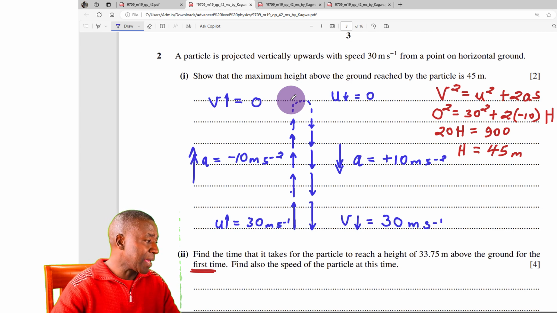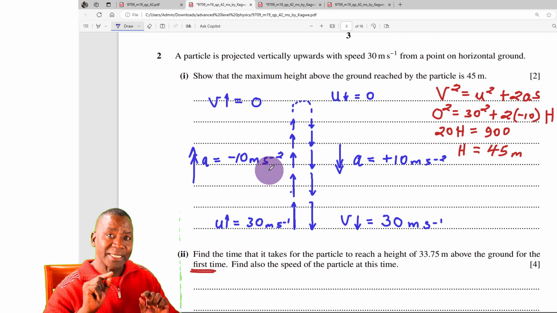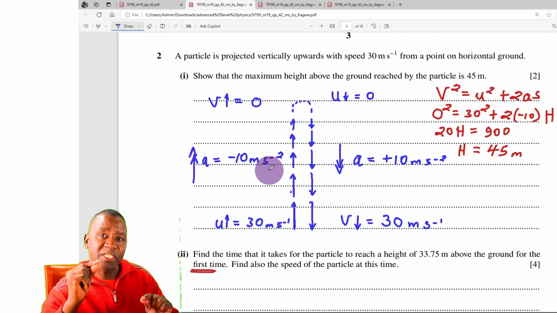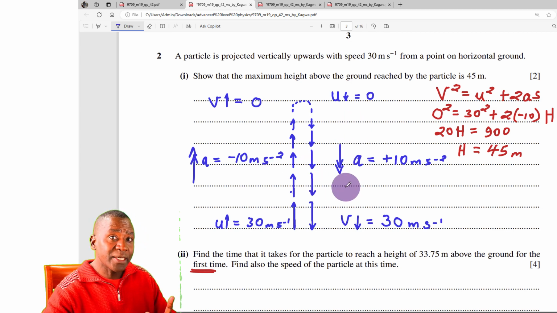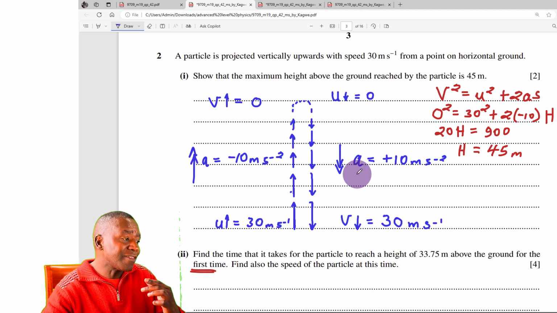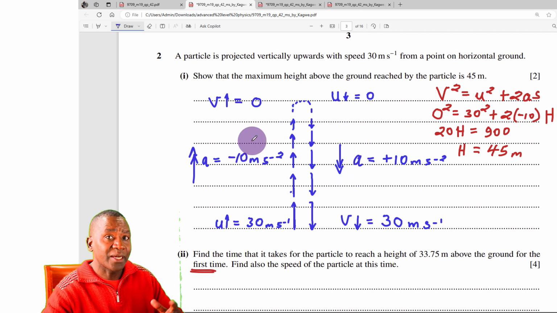At the same time, on its way upwards, notice that the acceleration is minus 10 meters per second squared. I've already explained that it means the velocity of the object decreases by 10 meters per second every second. On its way downwards, notice that the velocity is going to increase. At what rate is it increasing? It increases at the same rate as it was decreasing rather.